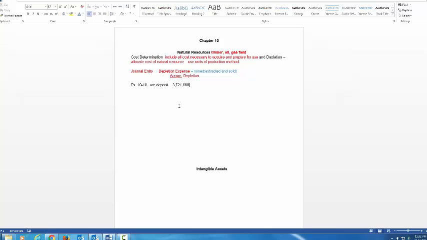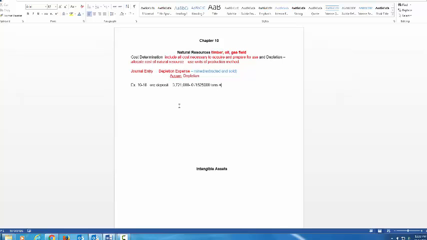They indicate no salvage value after we've completed taking all the ore out of it. Remember the units of production method: instead of dividing by years, we divide by how much we expect to produce out of there. They indicate they expect to get 1,525,000 tons of ore out of that.